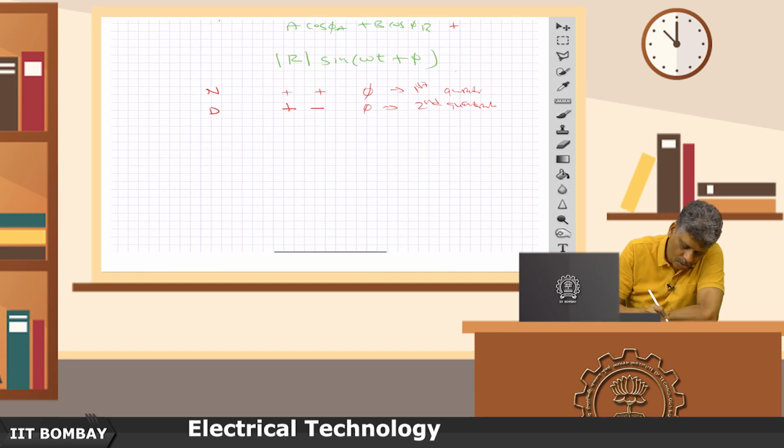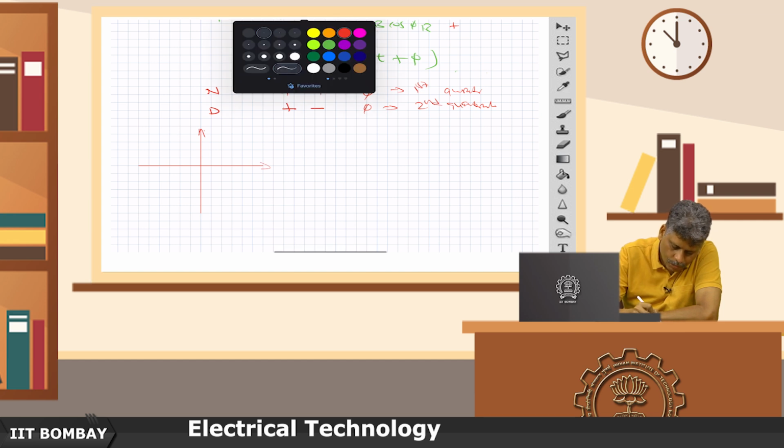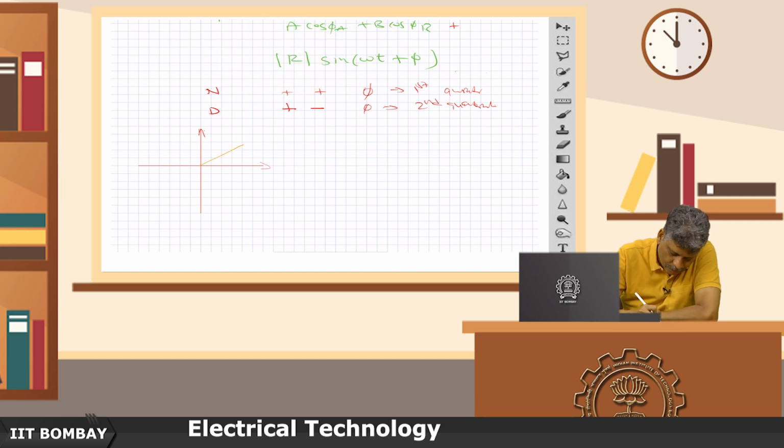Let me draw the four quadrants here. Let me draw a vector in the positive quadrant, so both of these are positive.